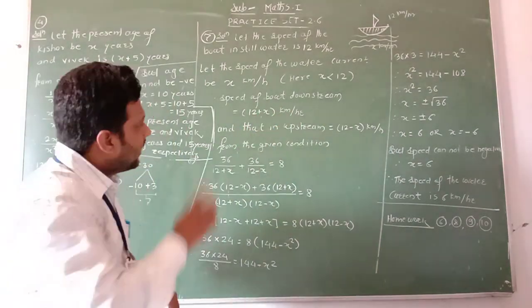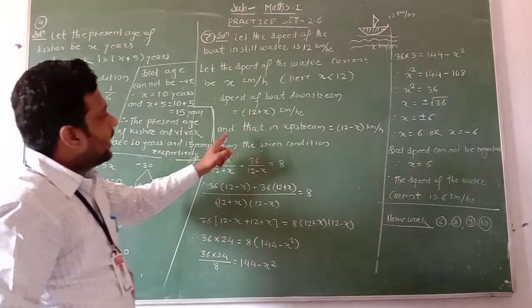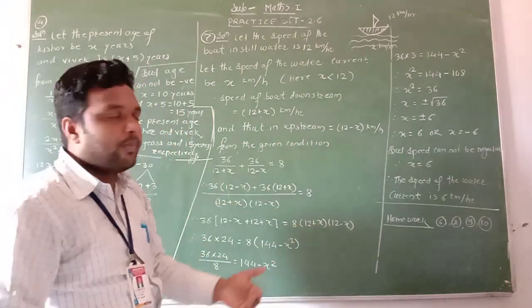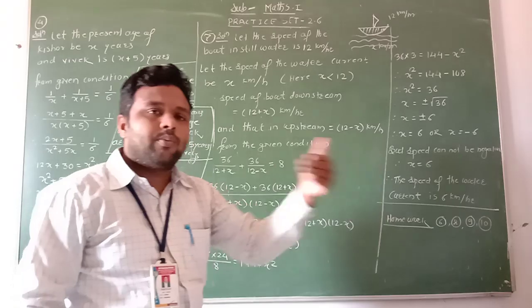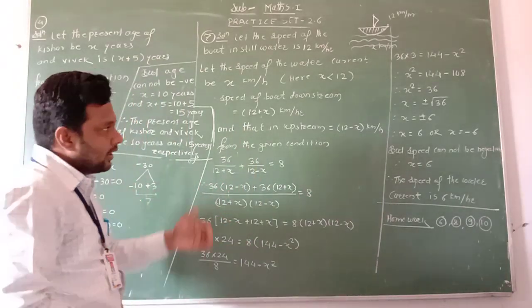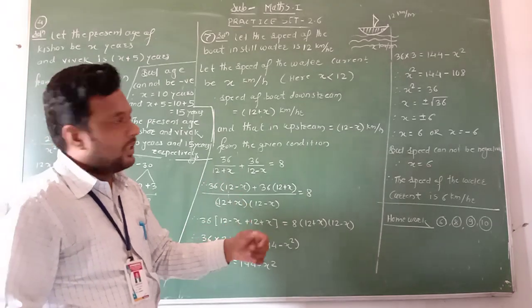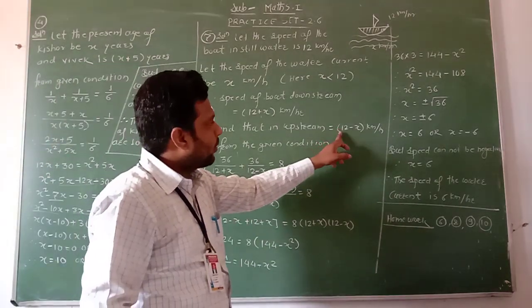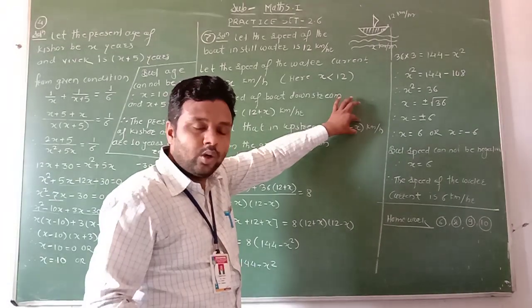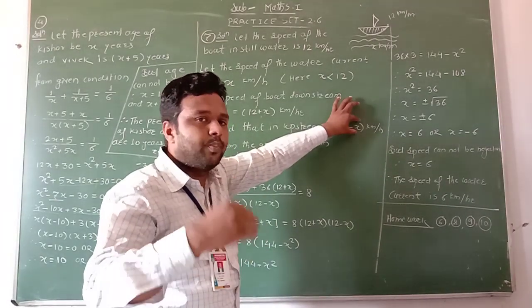Okay, now what is second? In upstream, speed of the boat in upstream means what? Against the stream of the water, or the current of the water, in that the speed of the boat will decrease. Therefore here we have to subtract 12 minus x, that is the speed of water current, from the speed of the boat.